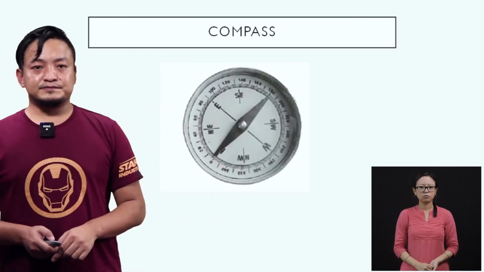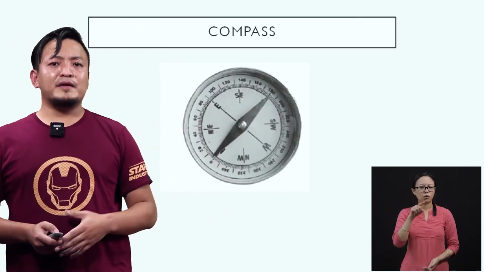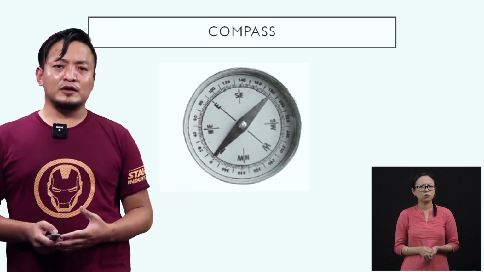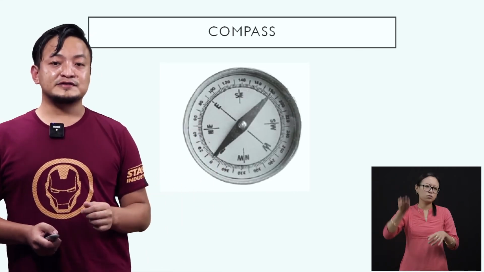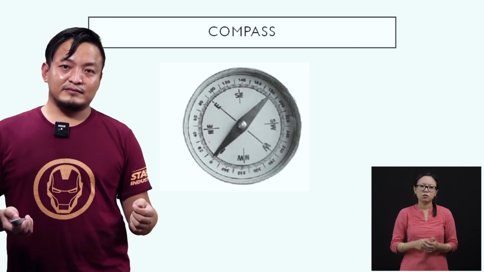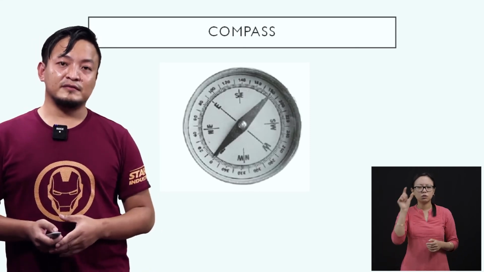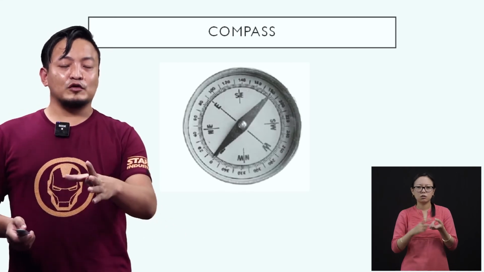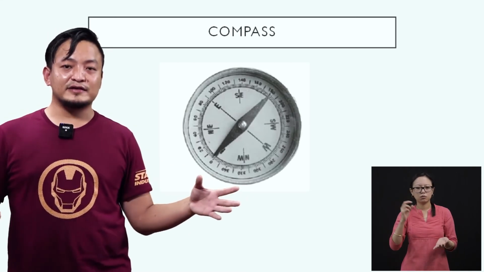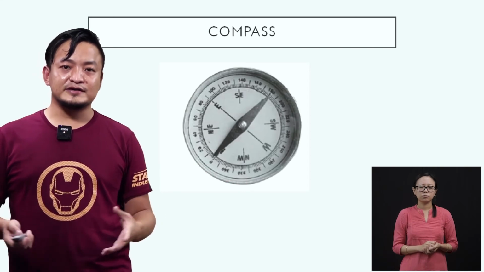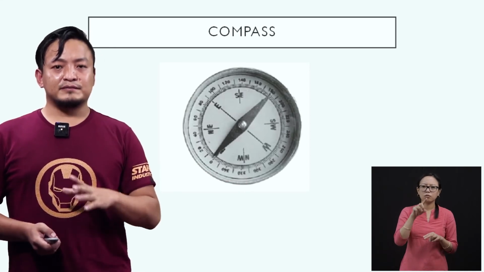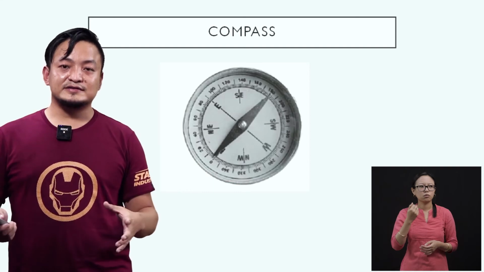Now students, do you know, many years back, they used magnets for direction. Now these days, if you get lost, it is easy, right? There are GPS, but back then it was not like this.